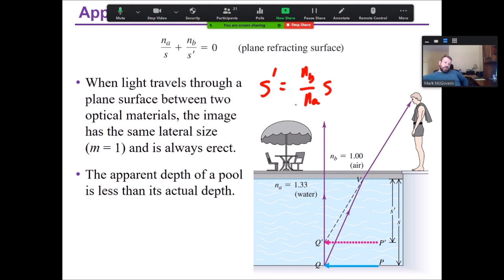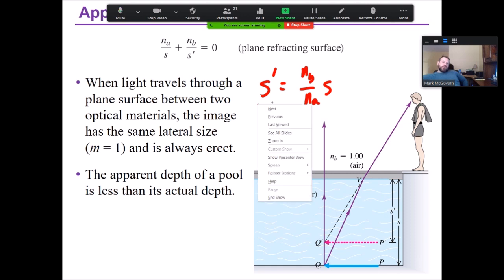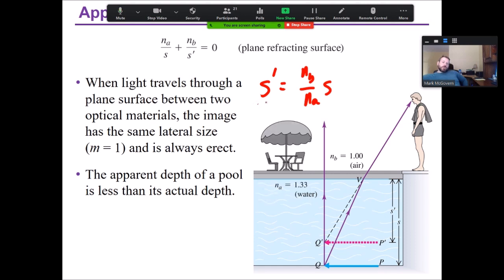And what that tells you is that your image is going to appear closer to you than how it actually is. And this dashed line that you see down here represents the direction it appears to come from. Of course, if you go the other way around, it's going to look like it's farther away from you. That was, again, subject matter of a couple of lectures ago, I believe.